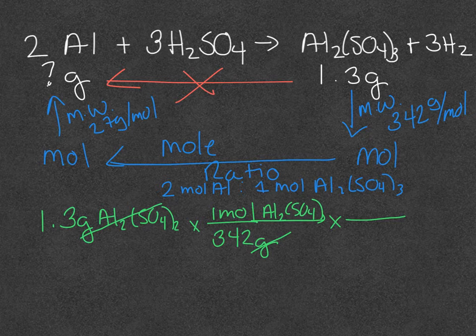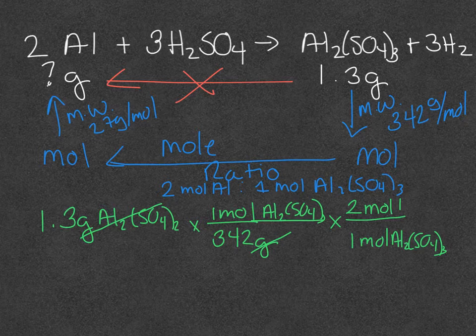I want to get rid of moles of aluminum sulfate, so I'm going to write that one on the bottom. That's my 1 mole aluminum sulfate, Al2(SO4)3. And I want to convert that into moles of aluminum, and that's my 2 moles of Al, right? So that allows me now to cancel the moles of aluminum sulfate, top and bottom.